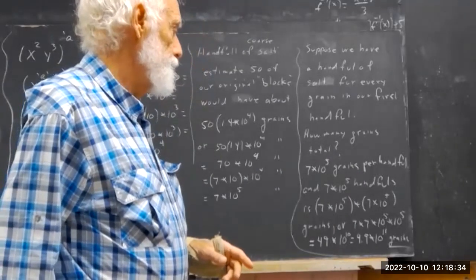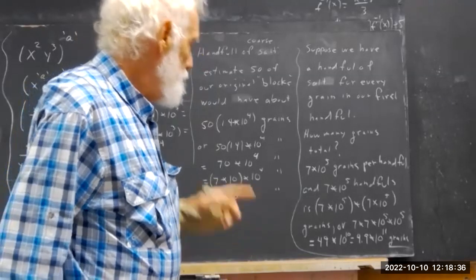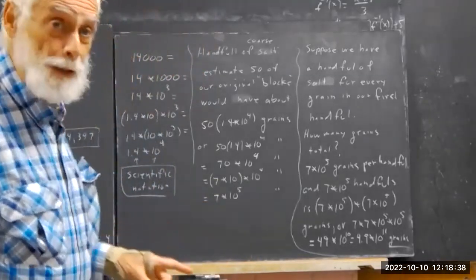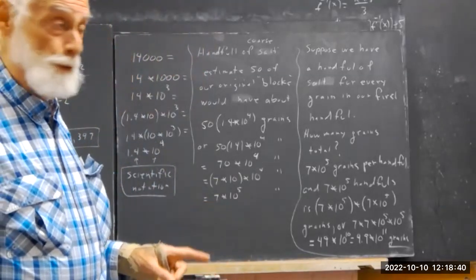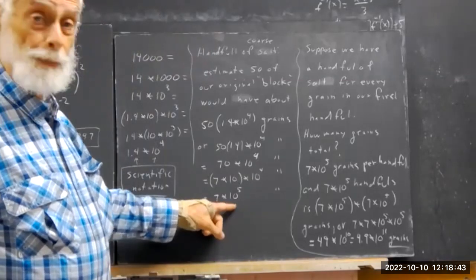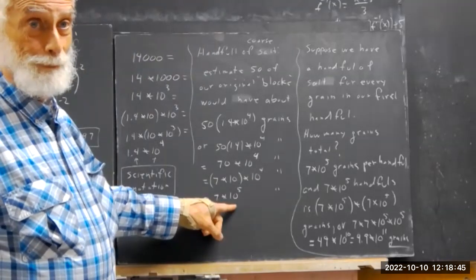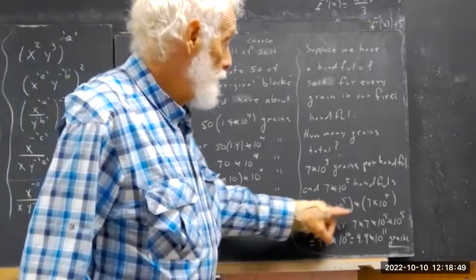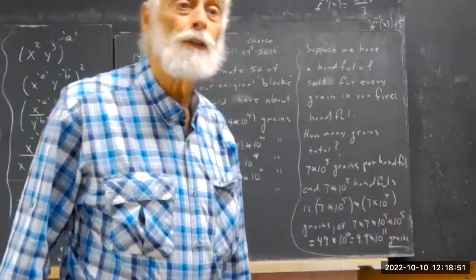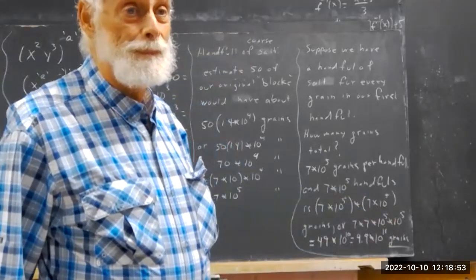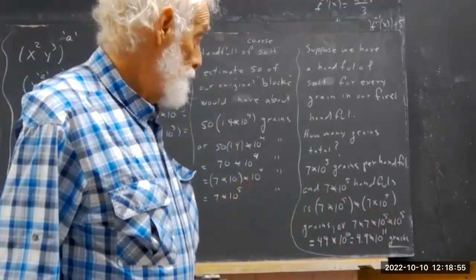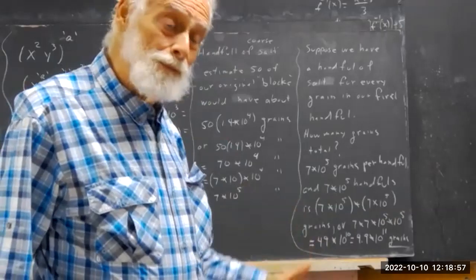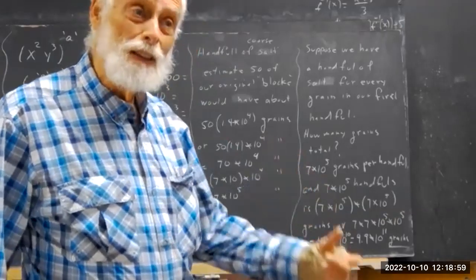And if we have 1,000 times as many grains of sand, it'd be like 7 times 10 to the 8th. If I multiply 7 times 10 to the 8th times 7 times 10 to the 8th, I'm going to get 4.9 times 10 to the 17th.